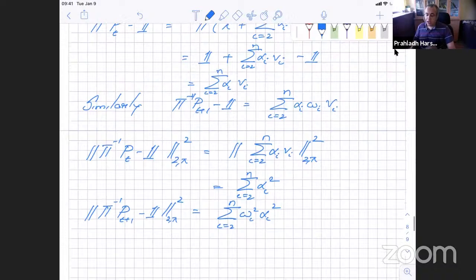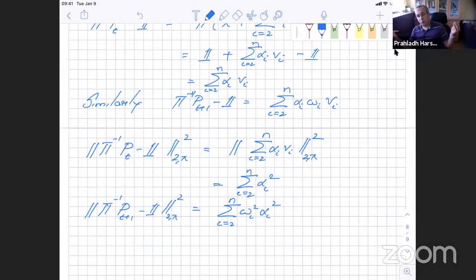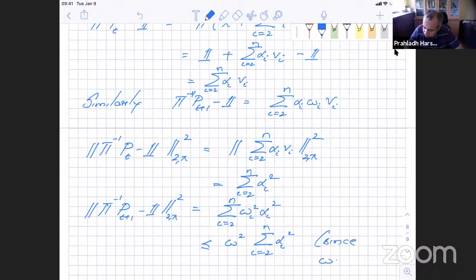But this tells us immediately, if the omegas were bounded away from 1 and minus 1, if omega was strictly less than 1, then omega 2 square all the way up to omega n square are all less than omega square. So this quantity will be less than omega square times summation i equals 2 to n alpha i square, since we defined omega to be the max of omega 2 and minus omega n.